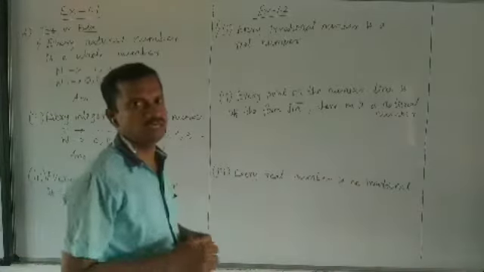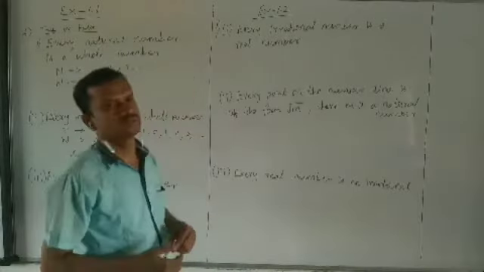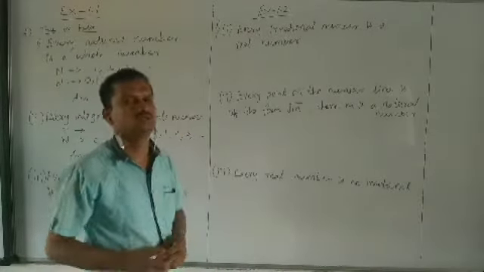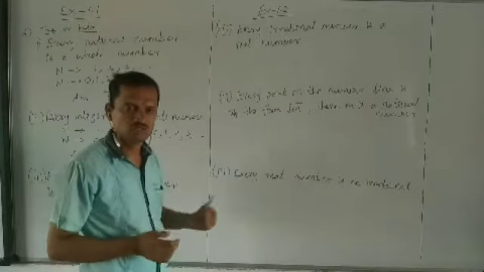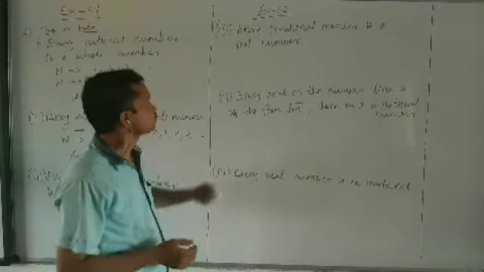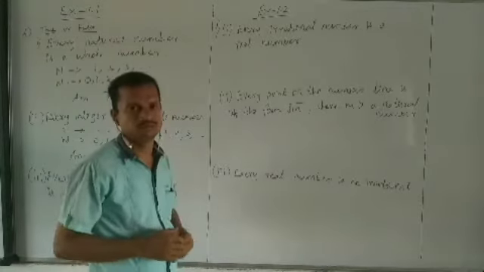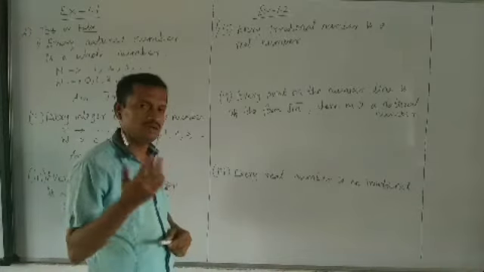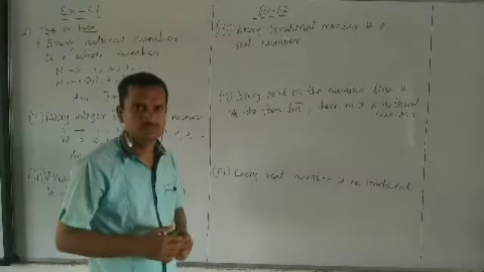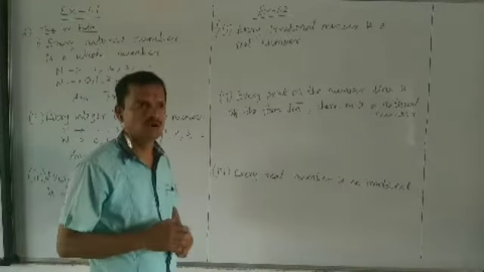And now coming to the exercise 1.2. First question, 3 options given in a statement. Here also we have to say each statement is true or false. Every irrational number is a real number. While teaching the topic, I explained clearly.